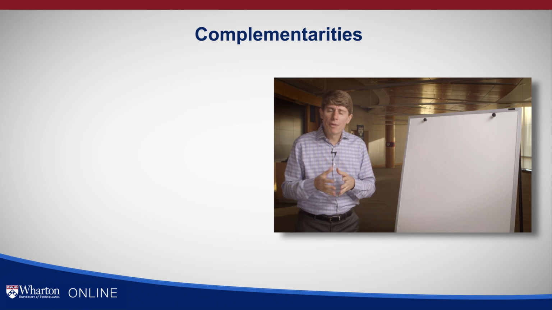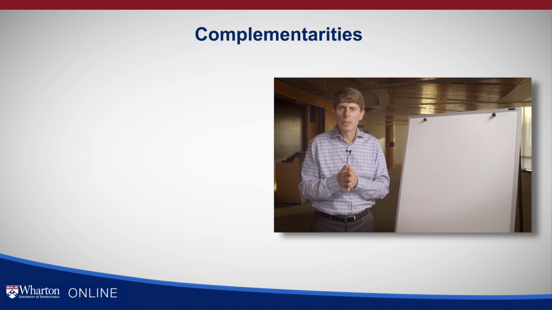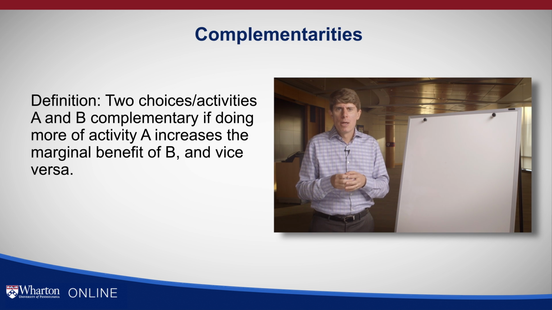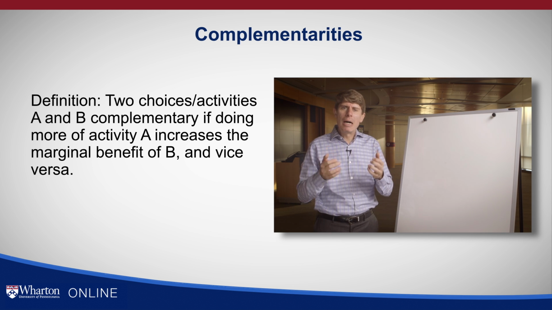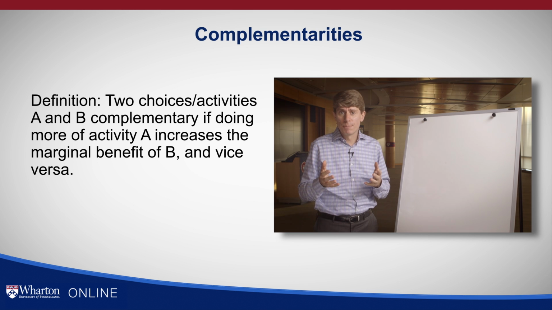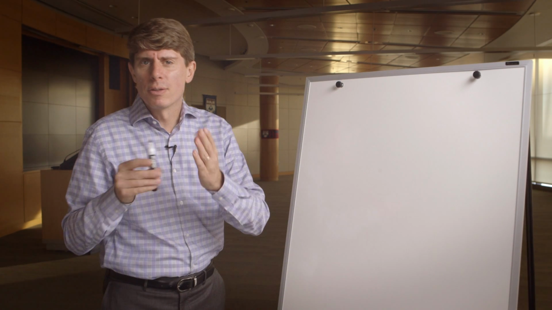So one formal definition about the complementarity between two activities is the following. Activities A and B are complementary if doing more of activity A increases the marginal benefit of doing more of activity B and vice versa. Now, for the engineers who are looking in, this is very obvious, right?